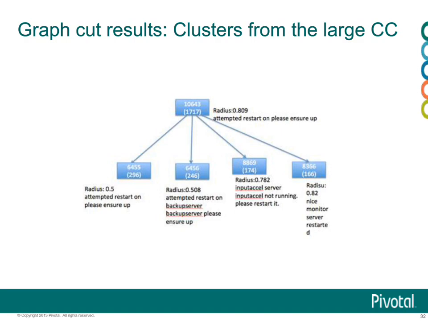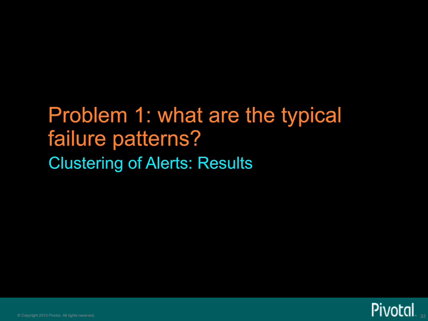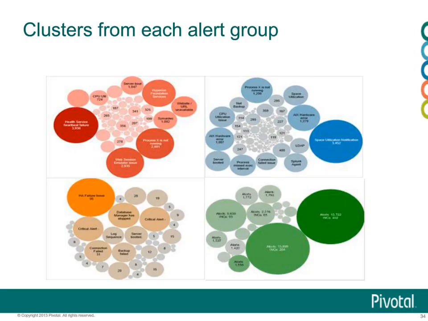Now let's look at the results from all this clustering work that we did. For each of the alert groups, you can see a Tableau visualization of the size of the clusters in each of the alert groups.